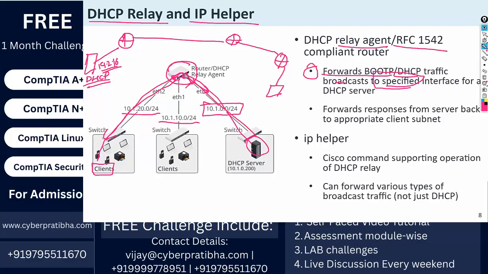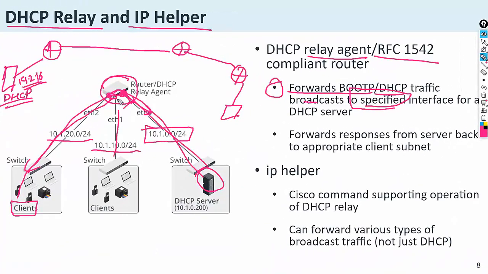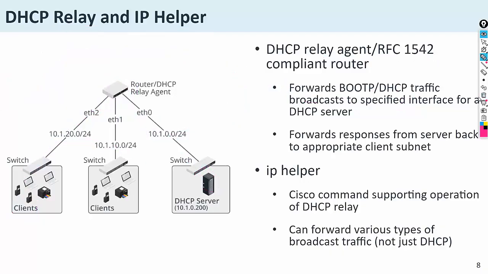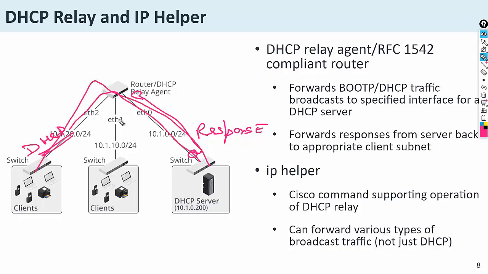As I have told you about this interface, if the request is coming from it, it will be forwarded on this port. That is the reason it is called the DHCP forwarder. And when the response comes back, and the response will 100% come back, why? Because the first time it will do the DHCP discover, so when it discovers the DHCP server, it will get the reply.